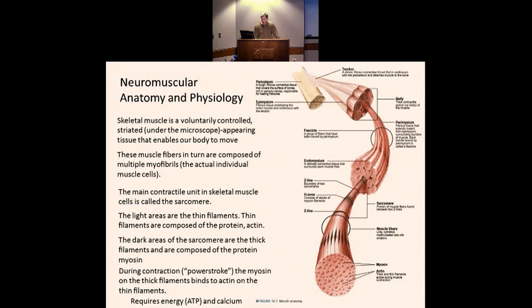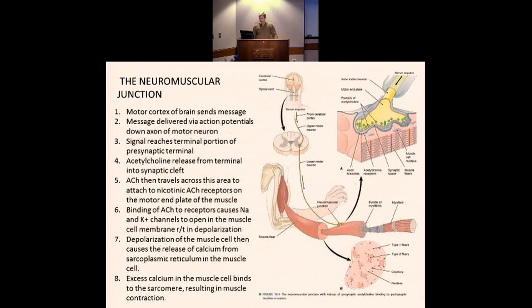It's comprised of thin and thick filaments, or light and dark, I guess, is another way to look at it. The light ones are actin, the dark ones are myosin. This is at the cellular level. How everything works is a sliding theory where your actin and your myosin contract and cause a power stroke.